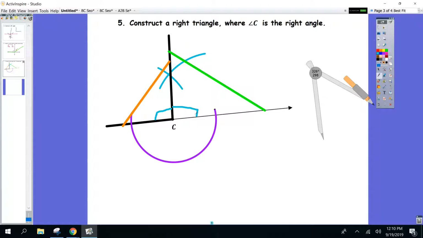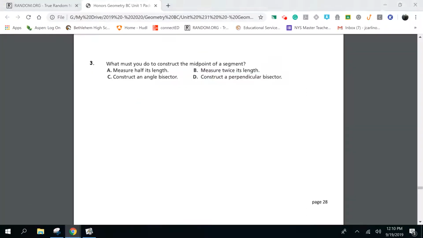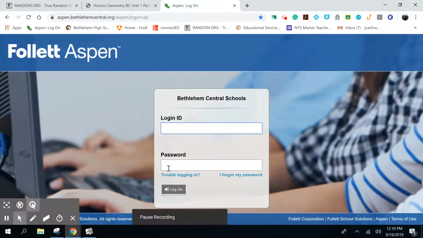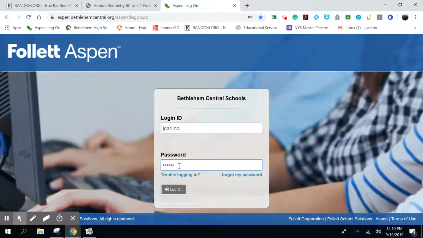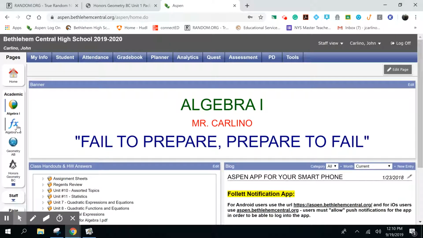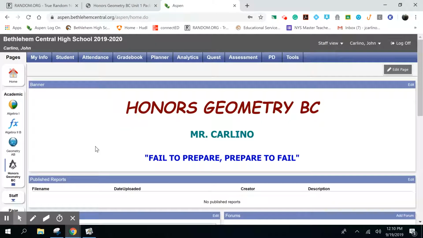Where can you find the answers to all of these? Up on Aspen, and I'll just show you that real quick, just so you don't get confused where they are. Log in. Same place you've been hopefully looking at your homework answers if you've been doing that.